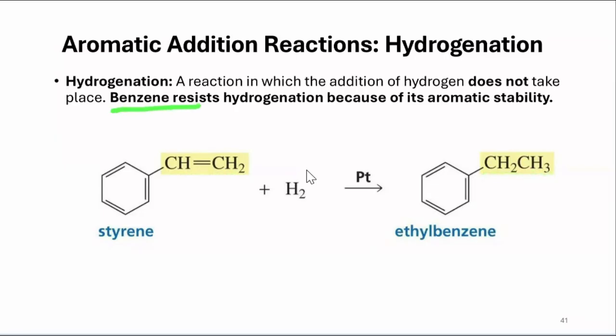Benzene resists hydrogenation because that aromatic structure, the benzene ring, actually provides stability to the molecule, and it is so stable that hydrogenation is not going to break each of the bonds present in the benzene ring. So understand that benzene rings are resistant to hydrogenation.